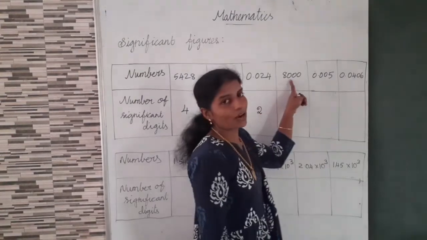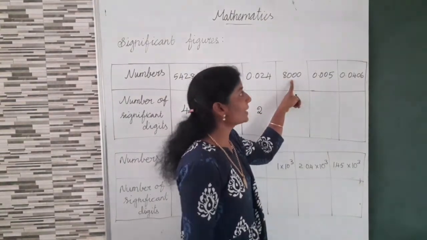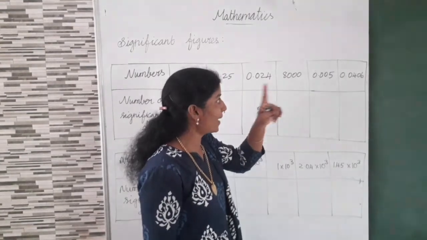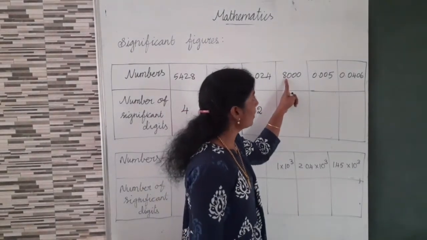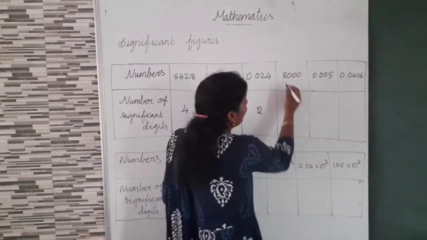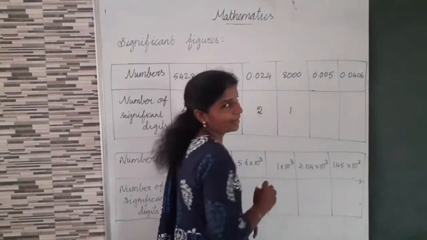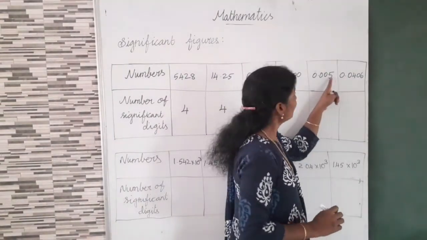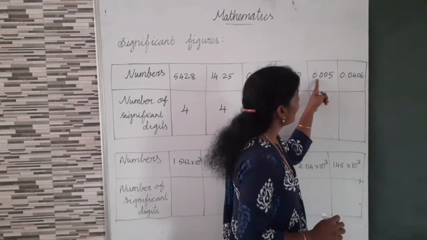Now here 8,000. Already I said 1000 how many significant digits? Only 1. When this is only one non-zero digit, remaining 0 digit, so no need to add. So here only 1 significant digit. Now here 0.005. Left of this non-zero digit is 3 zeros.